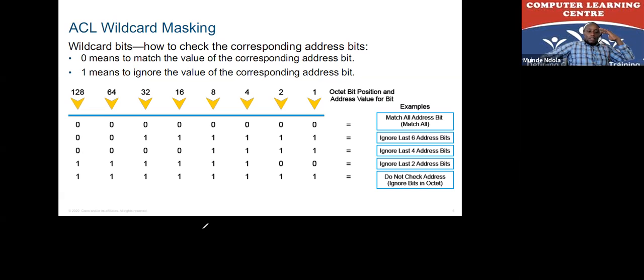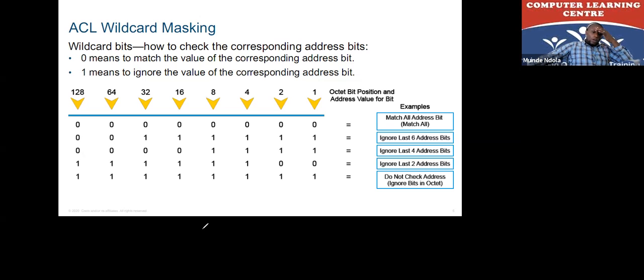So sometimes you find that you have a network like this: 10.10.10.0/25, and this is 10.10.10.128/25. So based on subnetting, these are 2 different subnets.